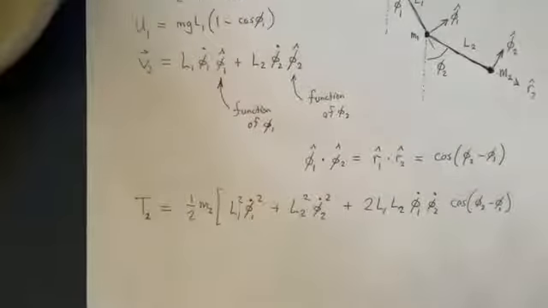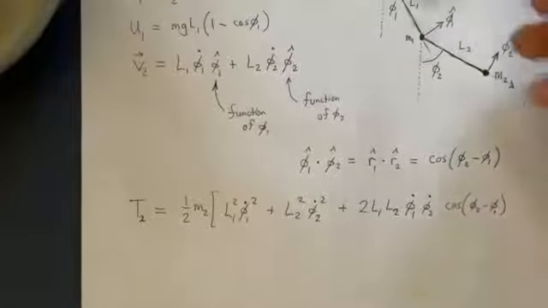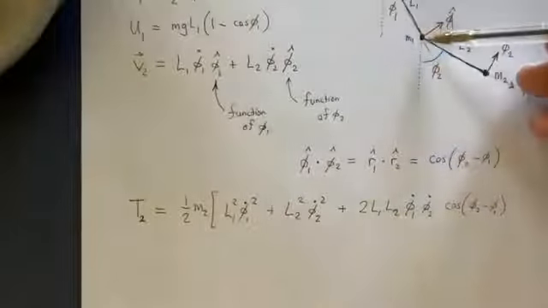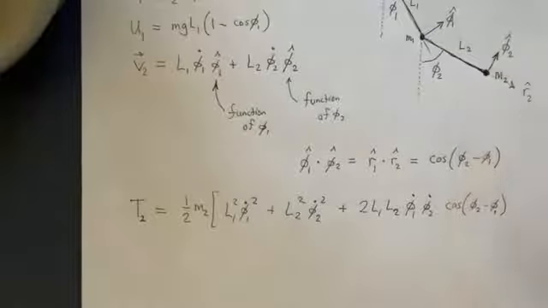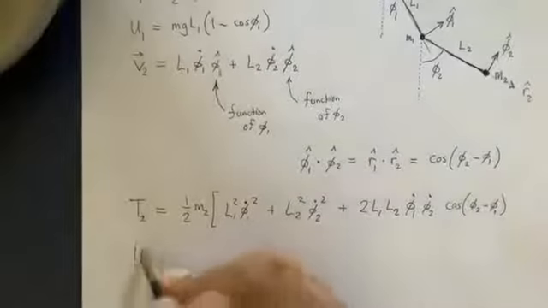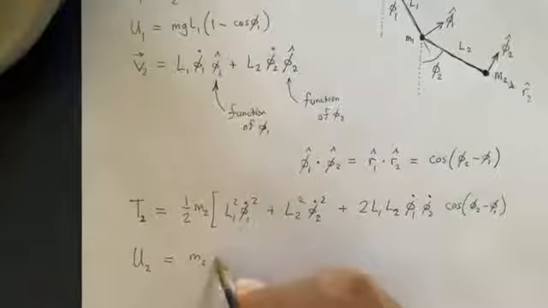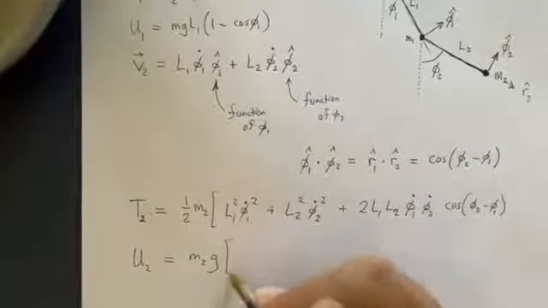Okay, so then there's a similar calculation for U2. We have two contributions, right? There's a contribution as before, basically getting you the z coordinate there, and then there's a z coordinate here. So U2, M2 G, and then again, the same construction.